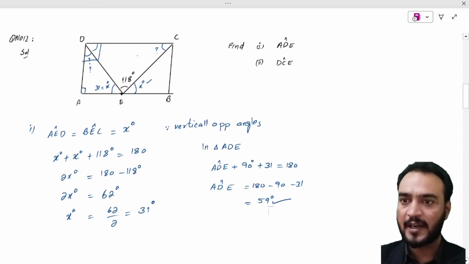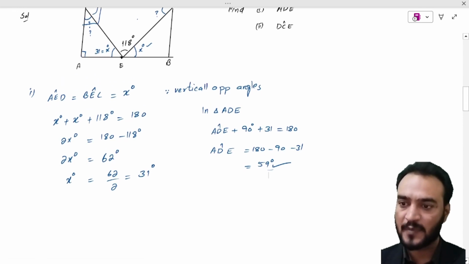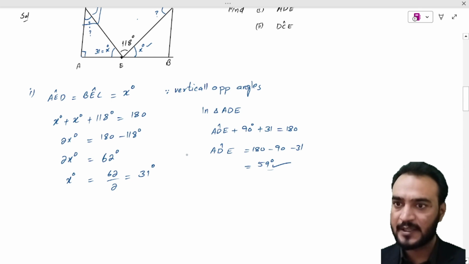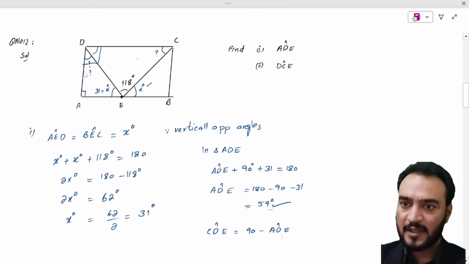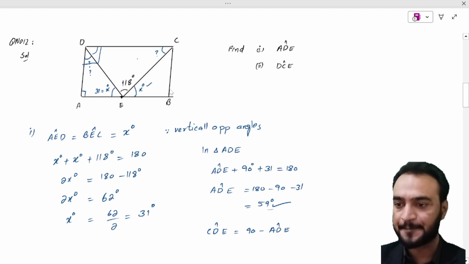So angle CDE is equal to 90 minus ADE. We subtract the angle ADE from 90 degrees to get the angle CDE.